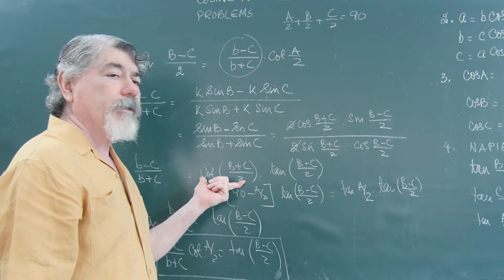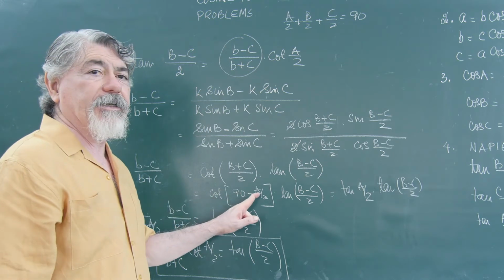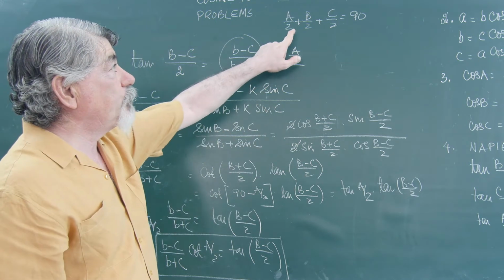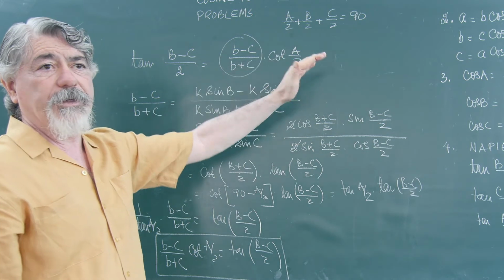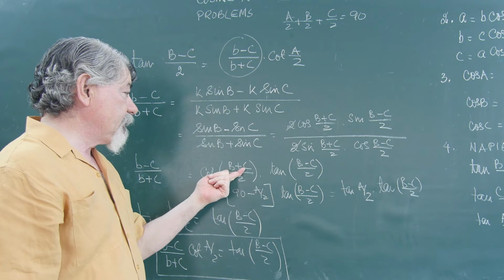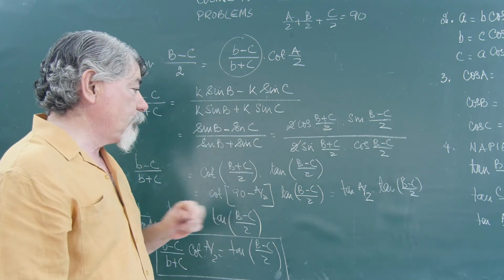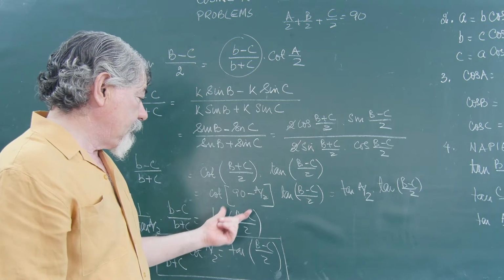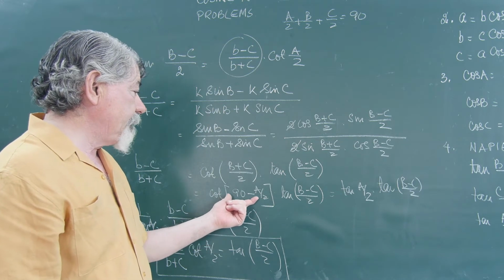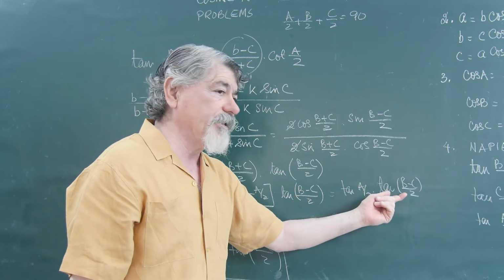This is cot((B+C)/2), which I have written as cot(90° − A/2), from A/2 plus B/2 plus C/2 is equal to 90°. So (B+C)/2 can be written as 90° − A/2, and cot(90° − θ) will become tan(A/2), and this is tan((B−C)/2).